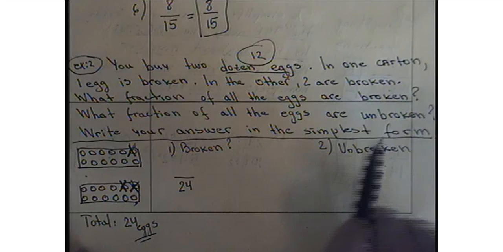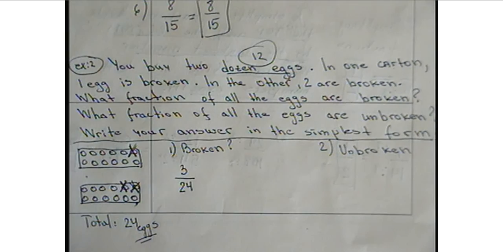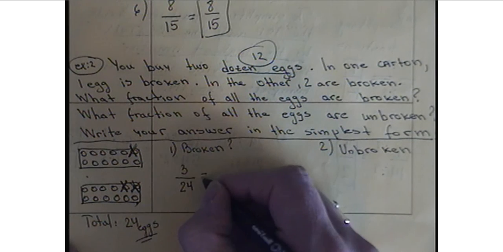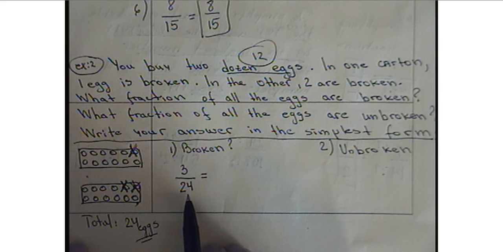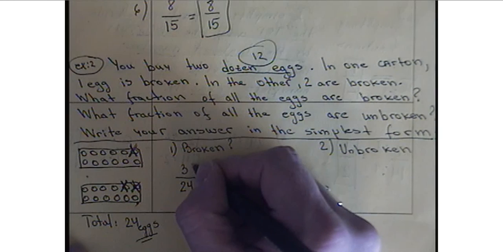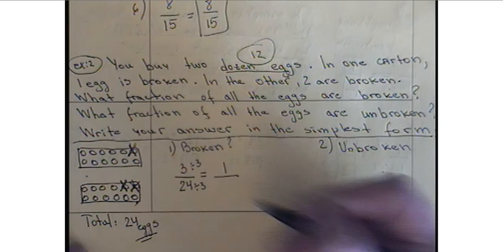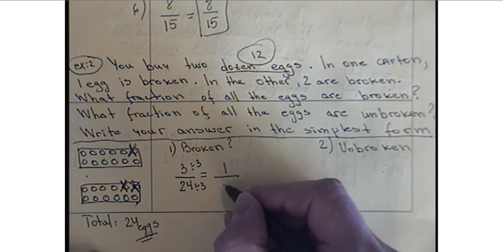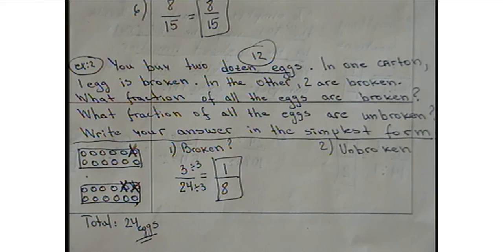And now how many broken? Well, 1, 2, 3. 3 broken eggs. And we gotta simplify that. So let's see if 3 fits into 24. Can we divide both numbers by 3? And we will say yes, because 3 divided by 3 is 1 and 24 divided by 3 is 8. So 1/8 is the simplest form of this fraction.